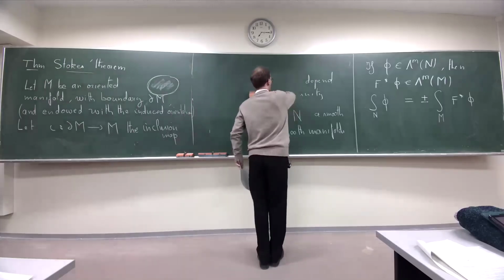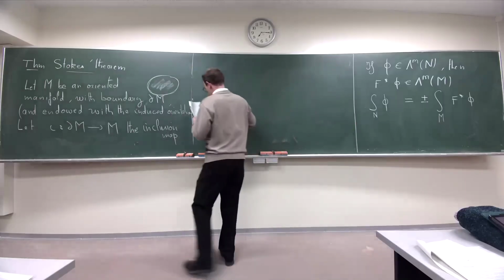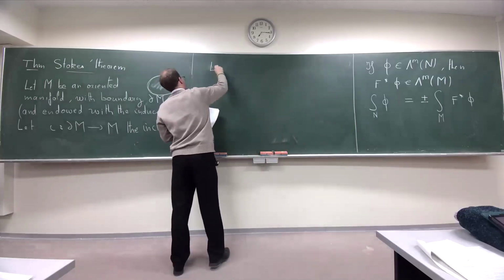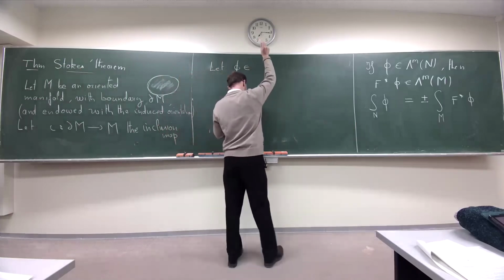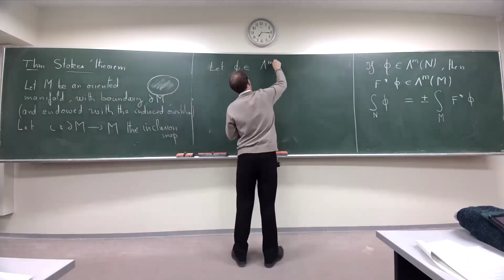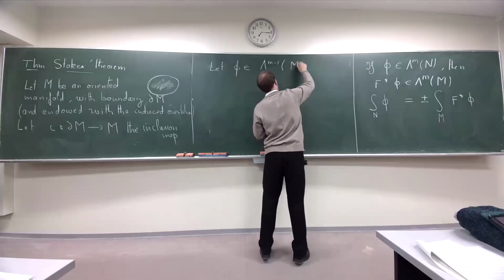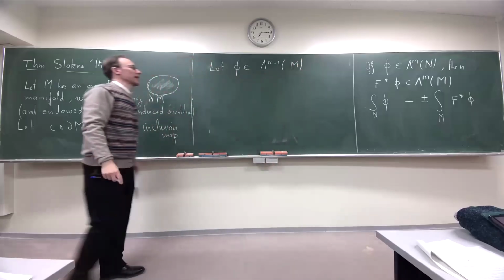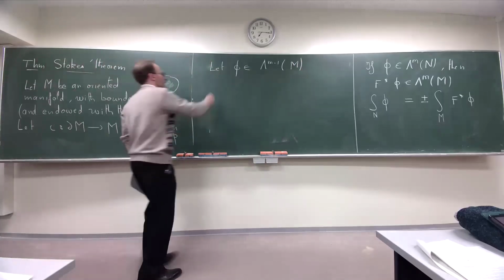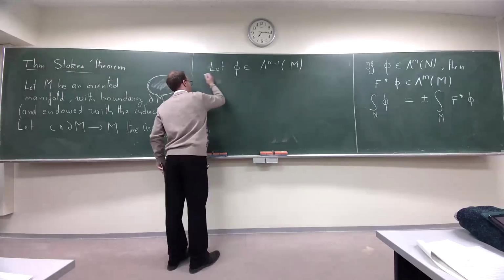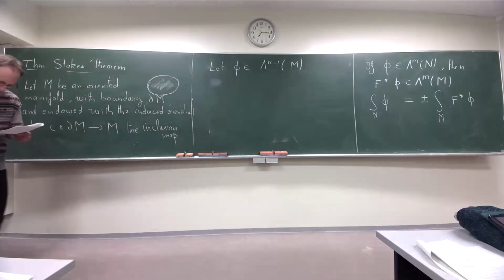Now I take an M form because I only know how to integrate an M form. I'm taking an M-1 form on the manifold. Sorry, I said something wrong. I can take it with compact support if I'm scared about the integral, but I'm not scared.